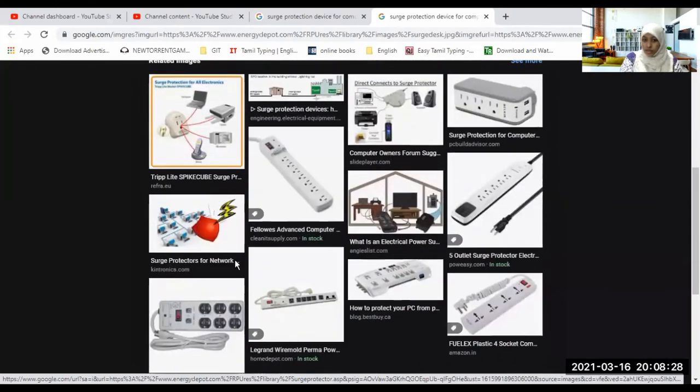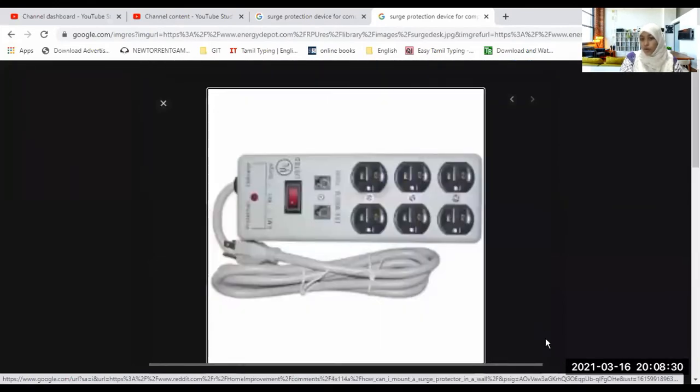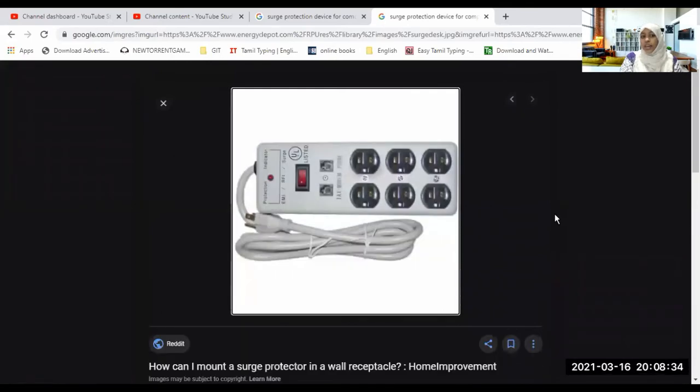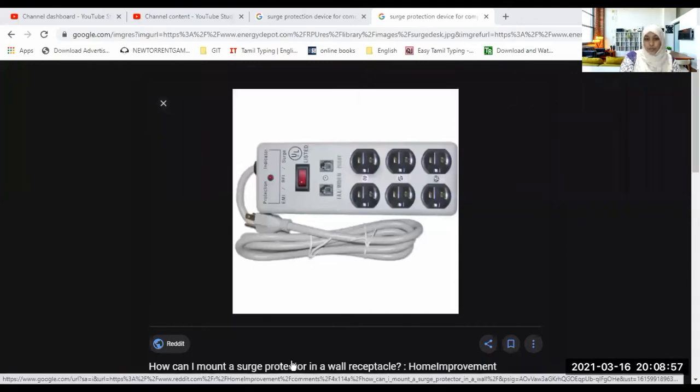This is a surge protection. You have it at home also. We are calling it a multiplug, but it is the surge protection. Okay? Everyone has it. Okay? Right. Good. Fine. So now you know the surge protection also.